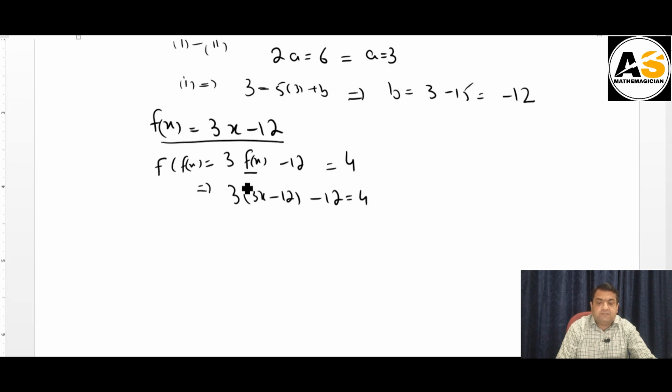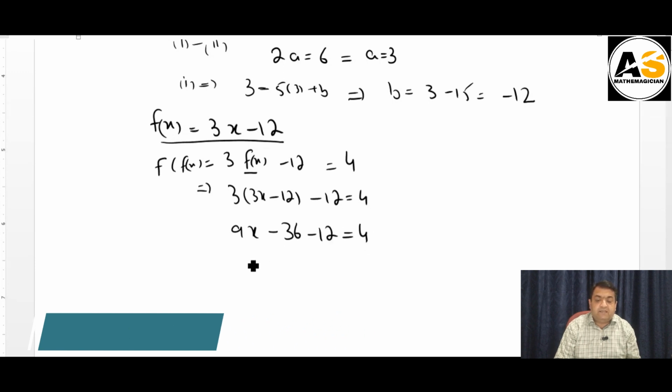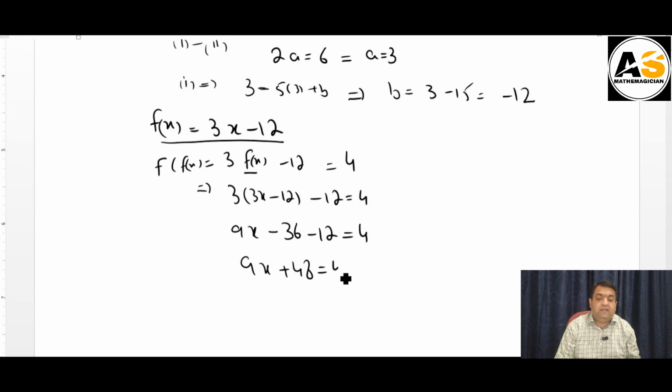By further simplifying, 9x minus 36 minus 12 is equal to 4. It implies 9x minus 48 is equal to 4, which will give us 9x is equal to 52 and x is equal to 52 over 9.